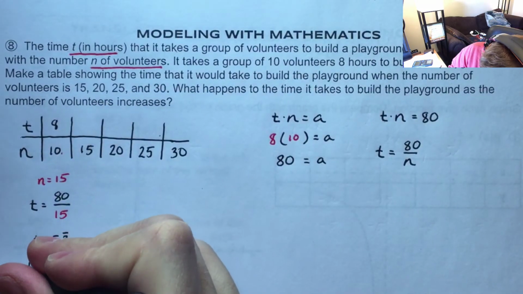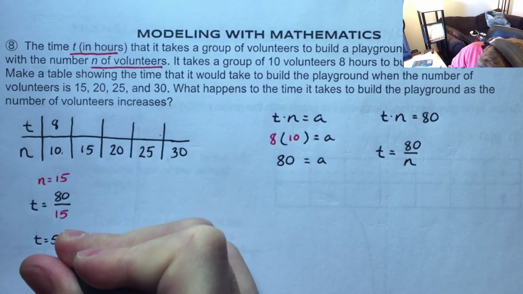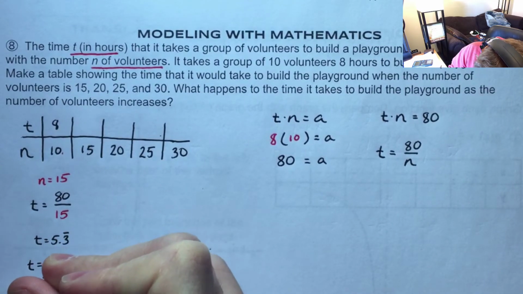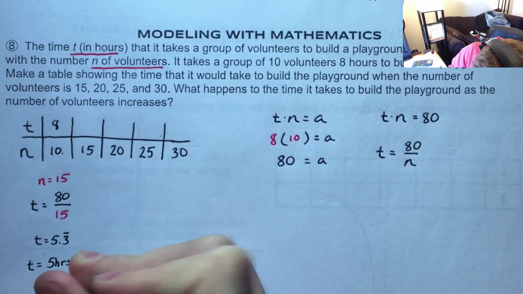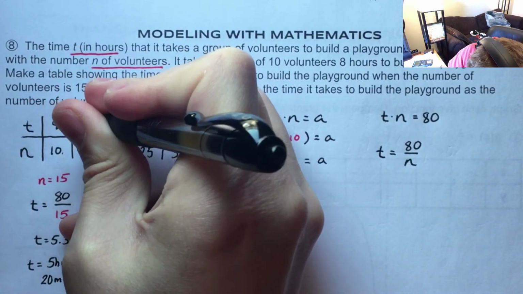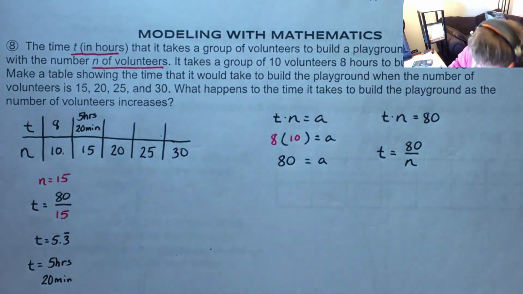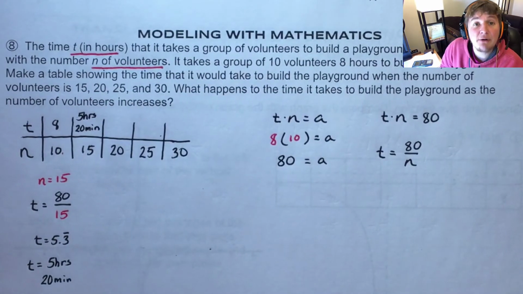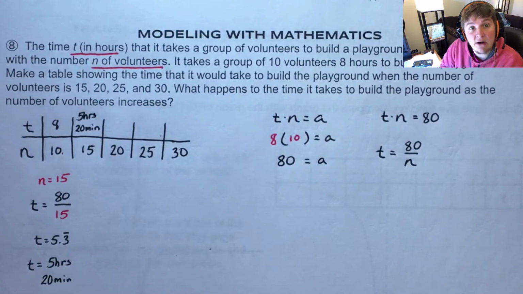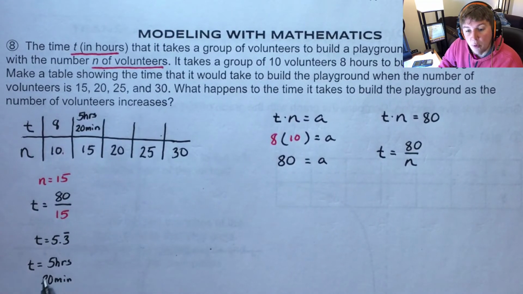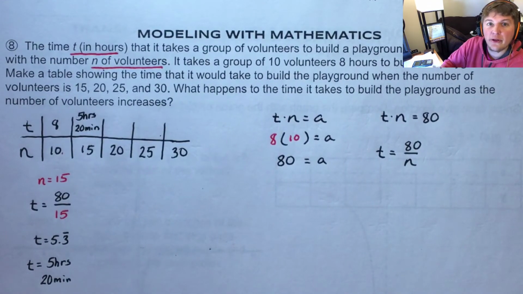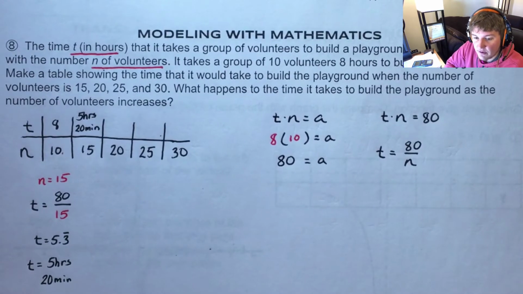So this is 5 hours and 20 minutes. Do not mistake this for 5 hours and 30 minutes or 5 hours and 3 minutes. 0.3 of an hour is a third of an hour.